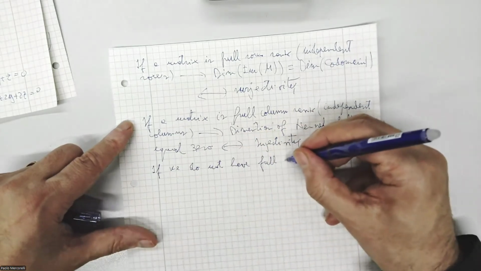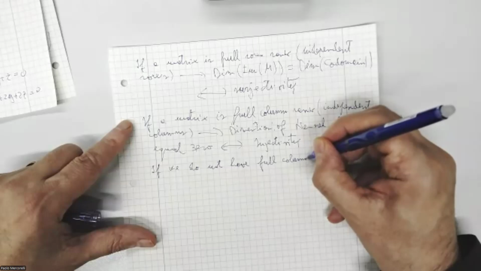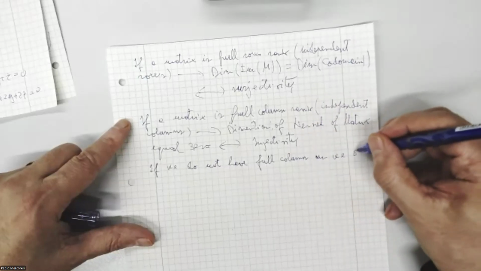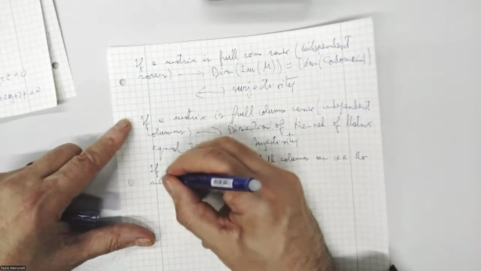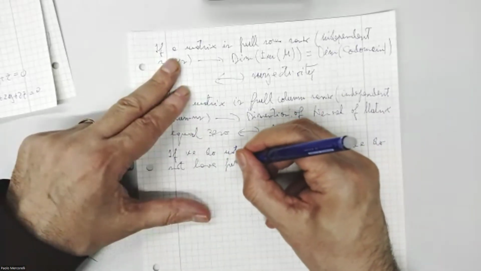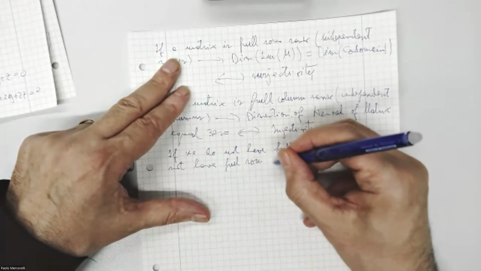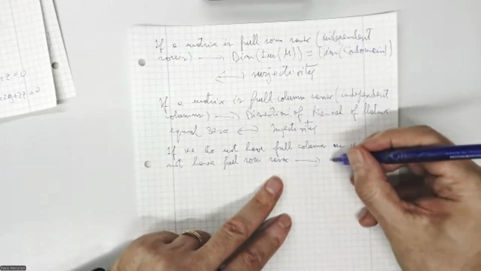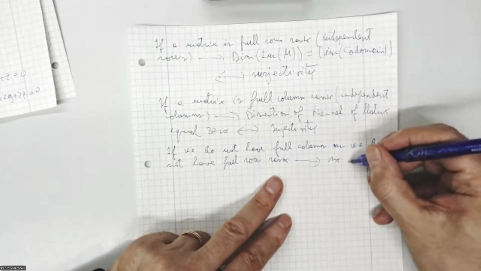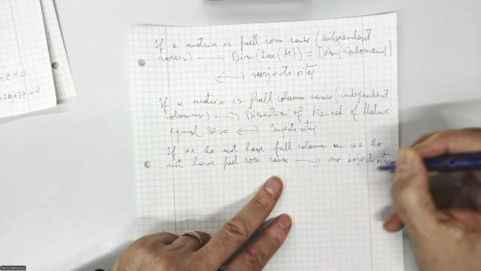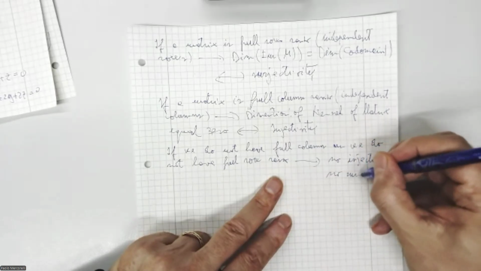No full column rank and no full row rank imply no injectivity, no surjectivity.